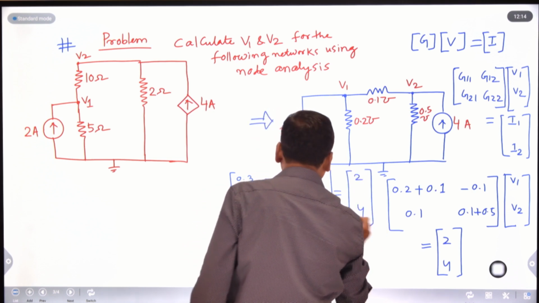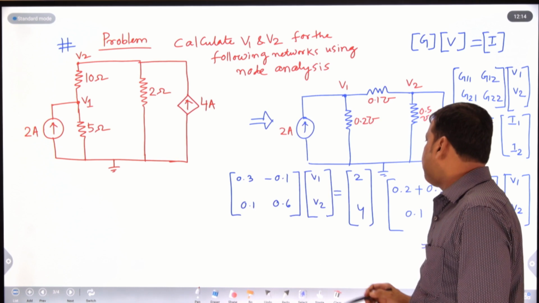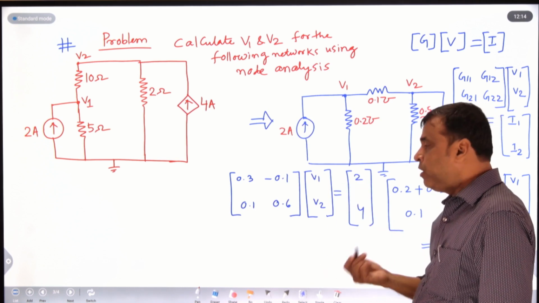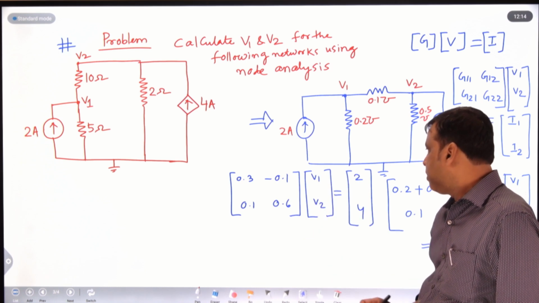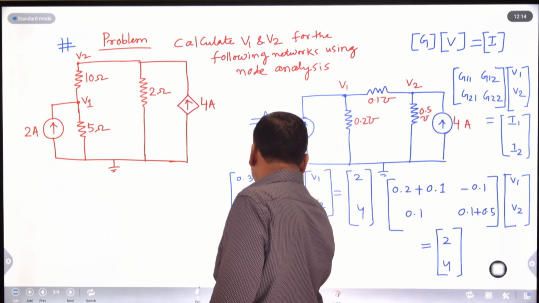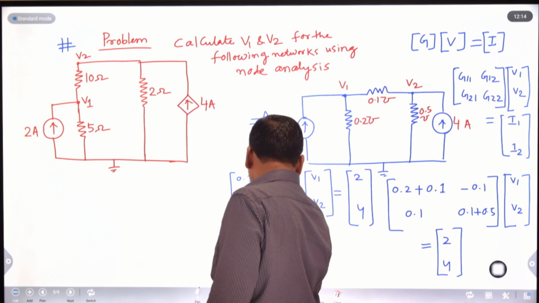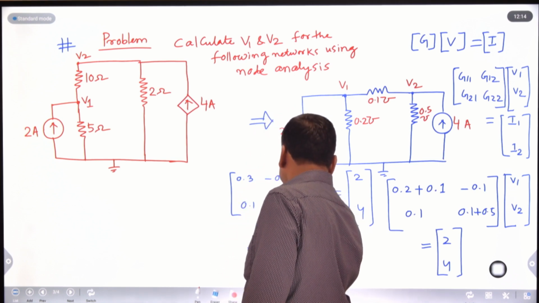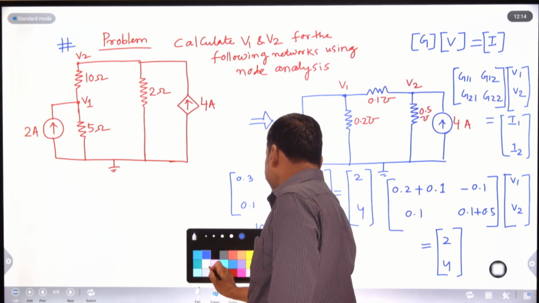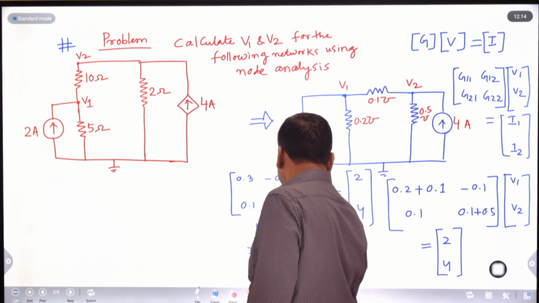So easily you can calculate the unknown voltages V1 and V2 using Cramer's rule. The two unknown values V1 and V2 we can calculate. First is your G, the determinant. The value of G is how much?